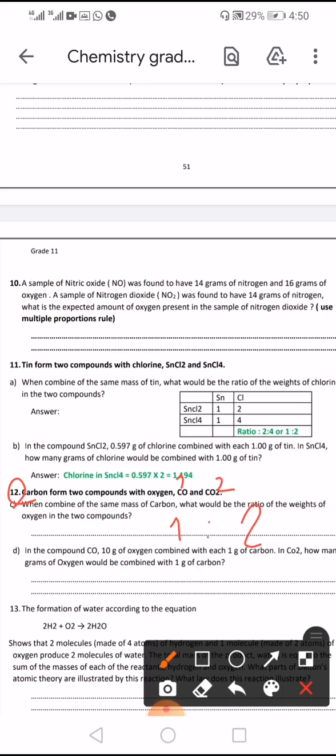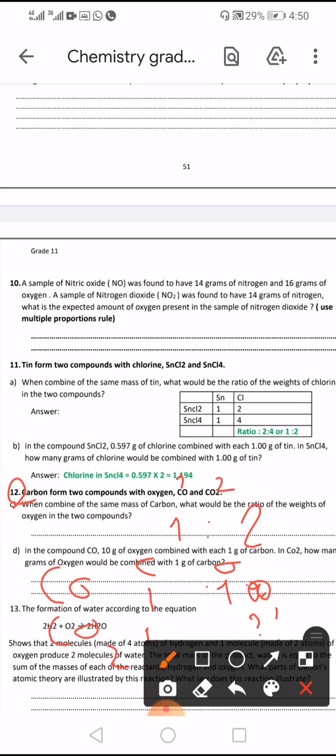In the compound carbon monoxide, we have carbon and oxygen, 10 gram of oxygen and 1 gram of carbon. In carbon dioxide, how many grams of oxygen? We want to calculate the grams of oxygen. If carbon is 1, we want to calculate the oxygen.